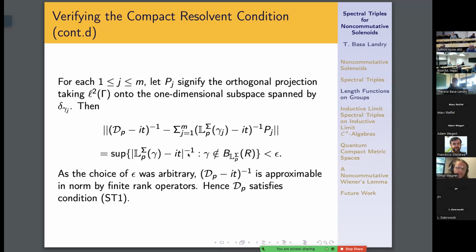Is it true that many choices are equivalent in a sense at the end of the day? I haven't thought about that. What does equivalent mean in the context of spectral triples? Provided that both satisfy this properness and doubling property, maybe there is some equivalence between these spectral triples.